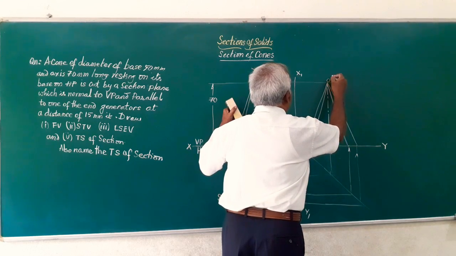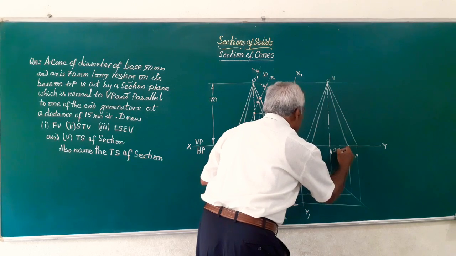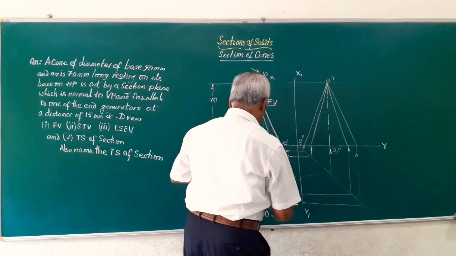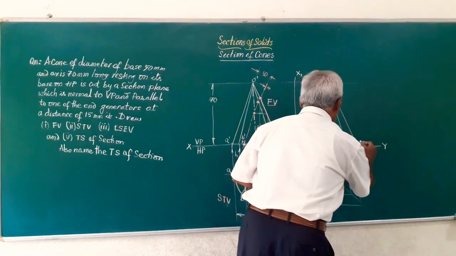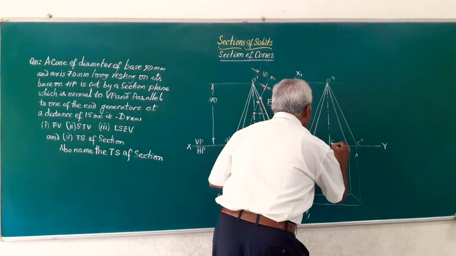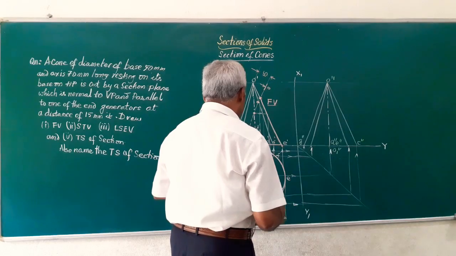So, this is your O double dash, this is O1 double dash, and this point is G double dash, last point is C double dash, middle point is AE, that is A double dash, E double dash. The double dash I use to show that.